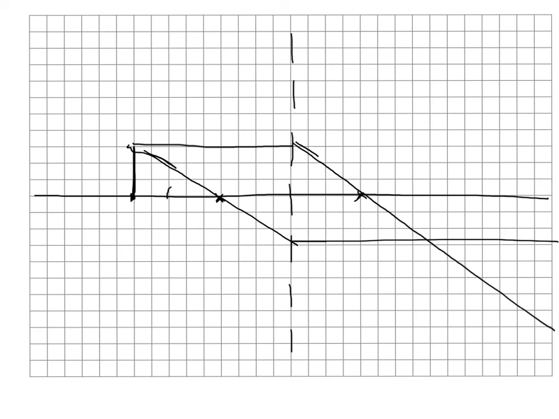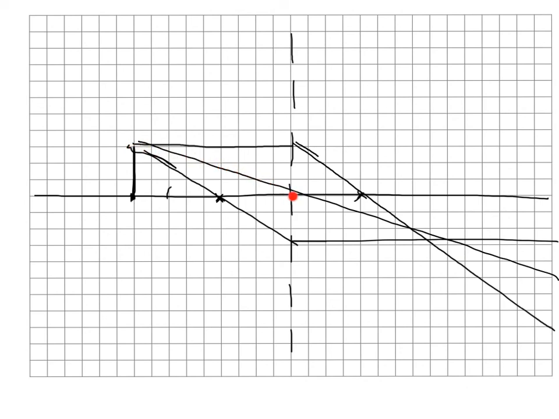Now the last principal ray will come from the tip of the object and will pass through the center of the lens. Okay, so there's my ray that comes from the top of the object.